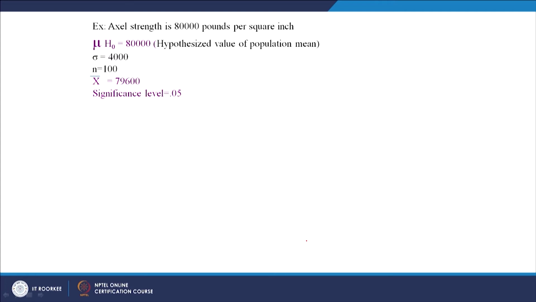Let us look at the next question. Let us say the strength of an axle is 80,000 pounds per square inch. This is our hypothesized population mean, which we are measuring in terms of pounds per square inch.